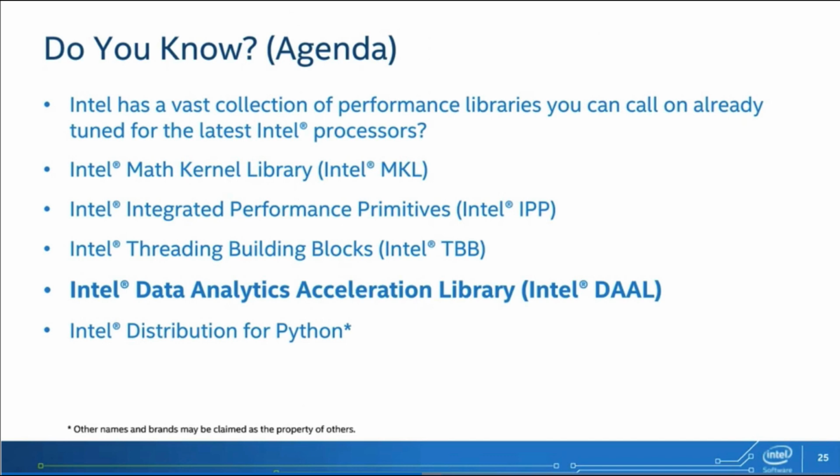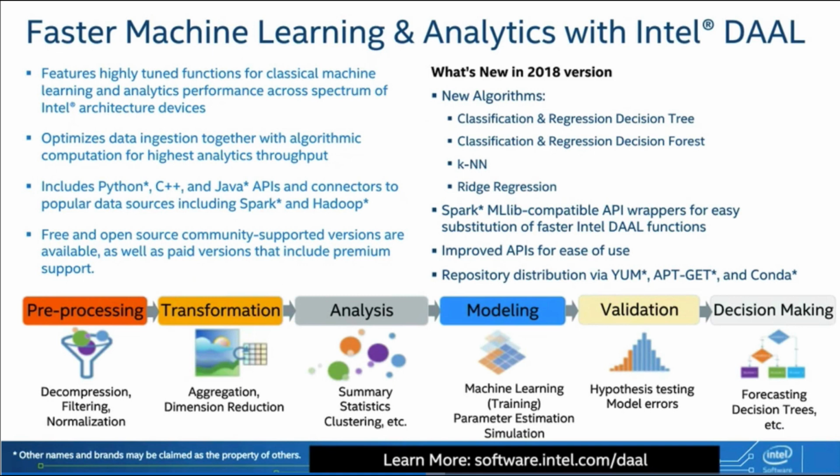So now let's go into the Data Analytics Acceleration Library. So the name of the game with Data Analytics Acceleration Library is that these are all highly tuned functions tailored for classical machine learning and analytics.